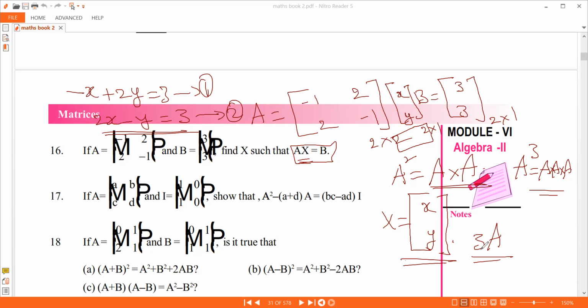Then there's B. So AB plus BD. And then CA plus CD. And then DA plus D square. Got it? Yeah.